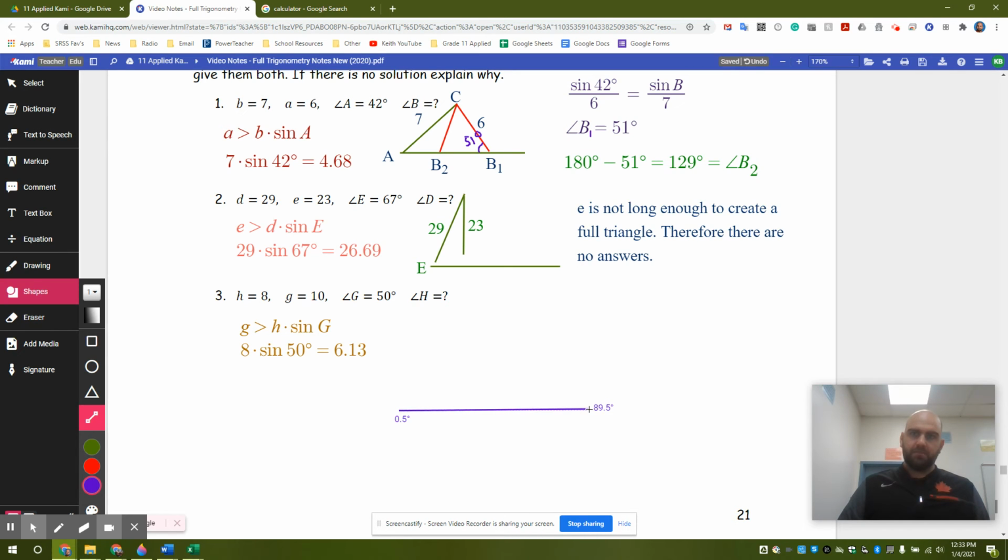This line tool tends to be a little bit delayed at times. So we're going to draw 50 degrees, it was. Here's my measurement of 8, and then here's going to be the measurement of 10.